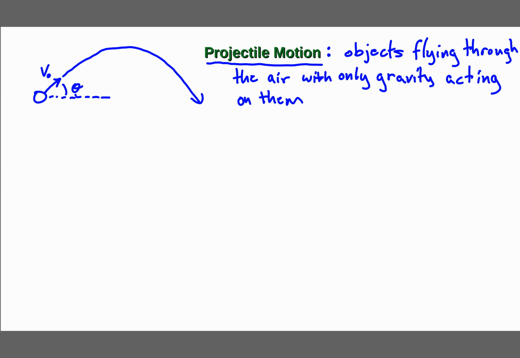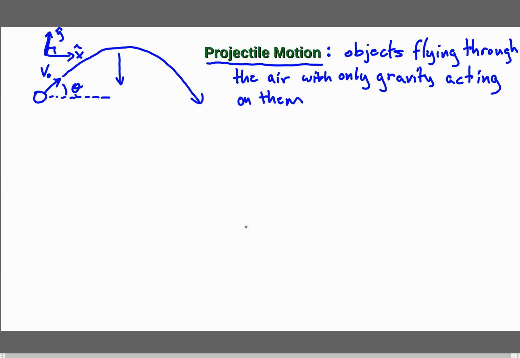So notice that if I set up a coordinate system, x hat and y hat, where y is totally perpendicular and x goes along the ground, it's totally horizontal, then when we have gravity that always points straight down, notice the gravity is only in the y direction.